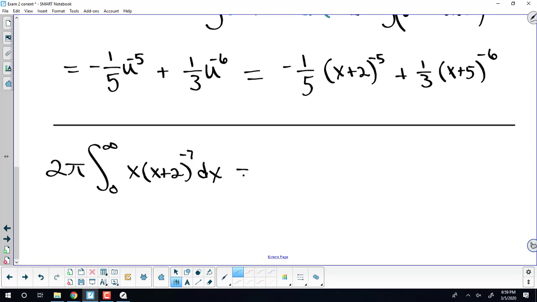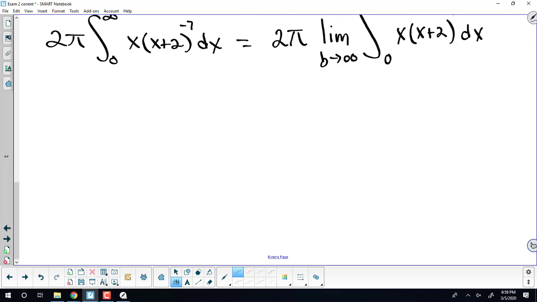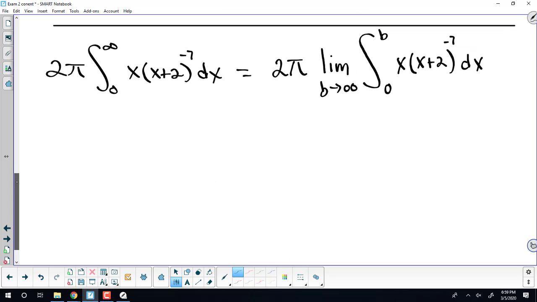So we have this is 2 pi times the limit. Our upper bound is the issue, whatever you call that. We've been sticking with b approaching infinity of this thing. Which is this thing.